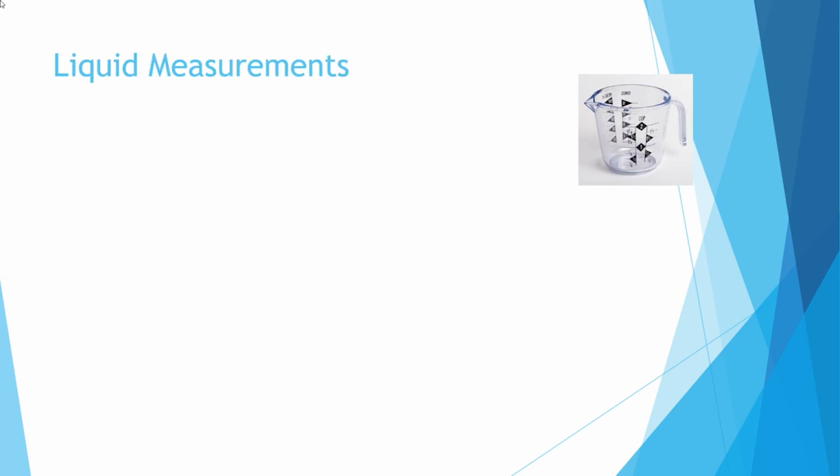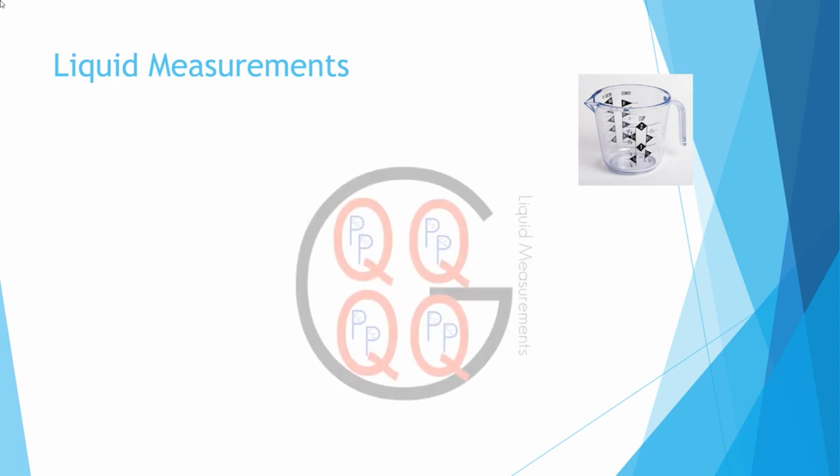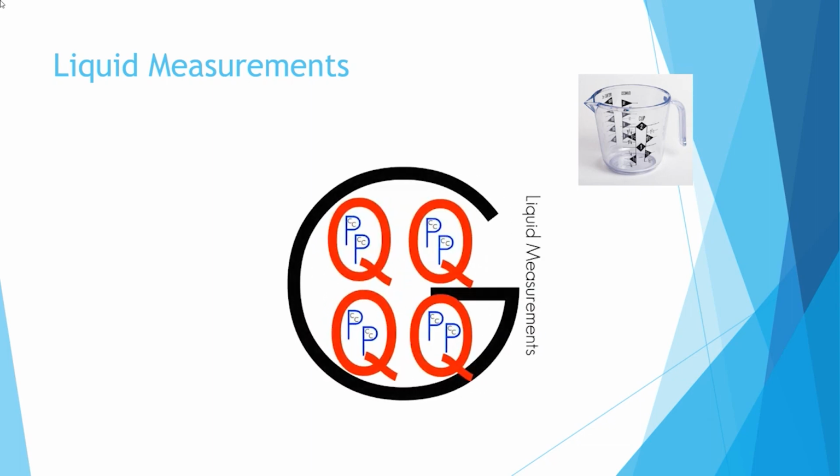So let's talk about liquid measurements. We already talked kind of about liquid measurements when it comes to liters, but let's talk about the US system. This is a way that you can remember what's equal to what.